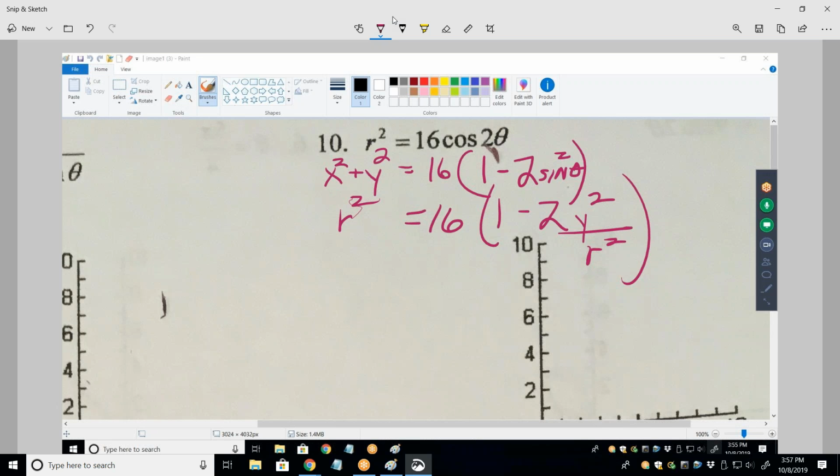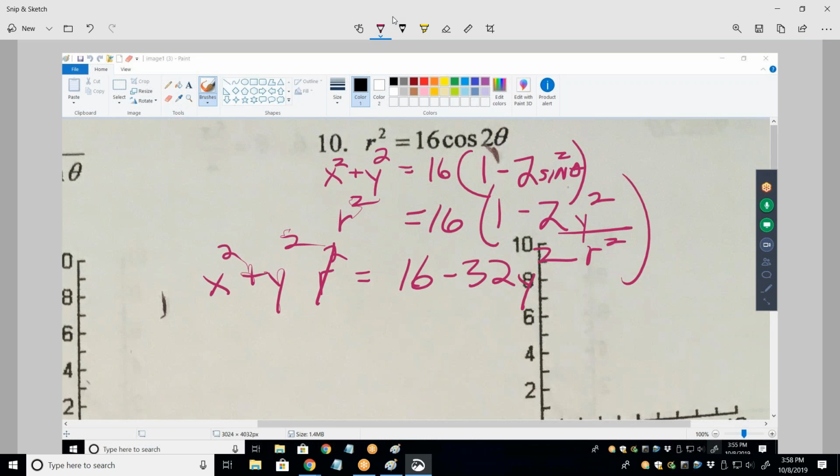Sine is y over r, so that's y squared over r squared. And now if I multiply both sides by r squared, I get something like this. Now I substitute x squared plus y squared. Okay, so I've gotten rid of the theta and everything but x and y.